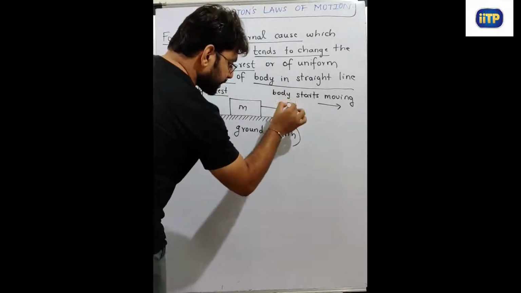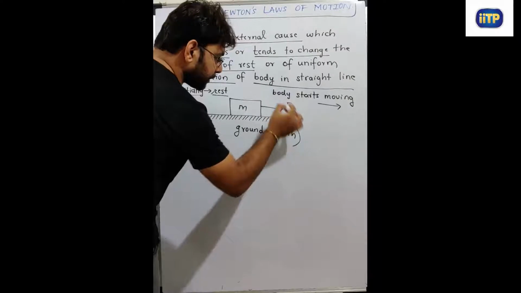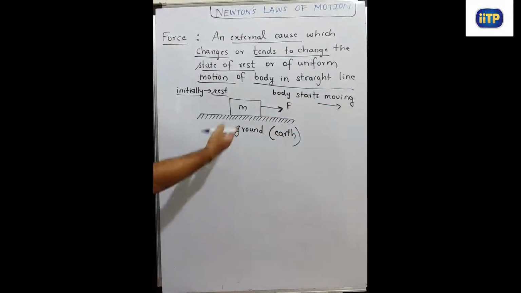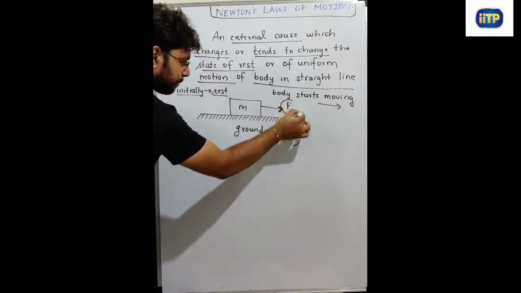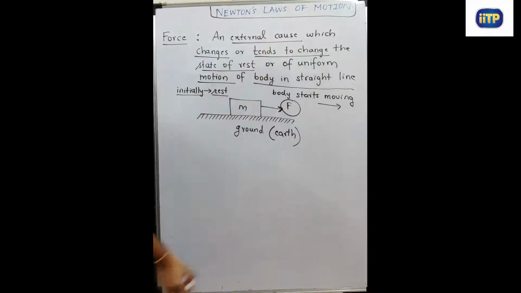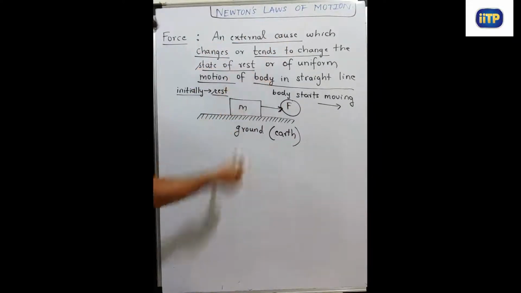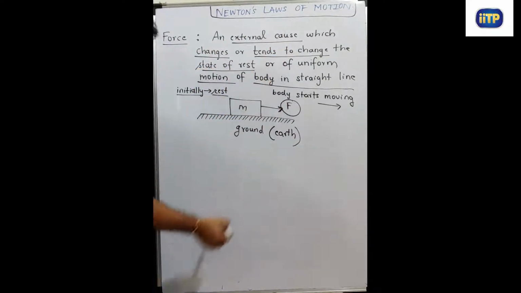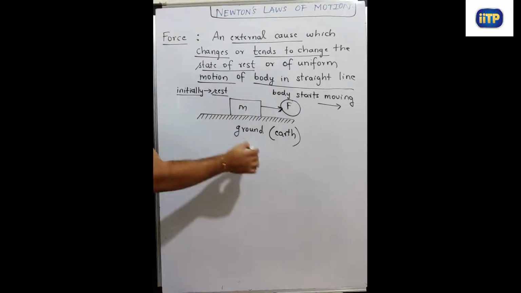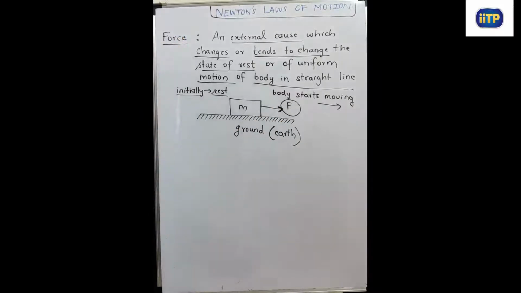After applying some external agent called force, the body started moving. So this force has become an external cause which changes the state of rest, or it can disturb the uniform motion. That particular cause is called force. Right?